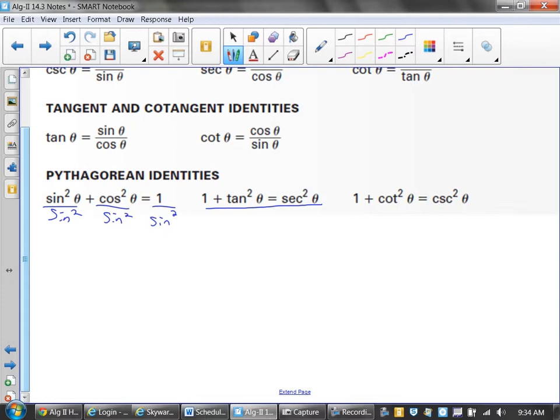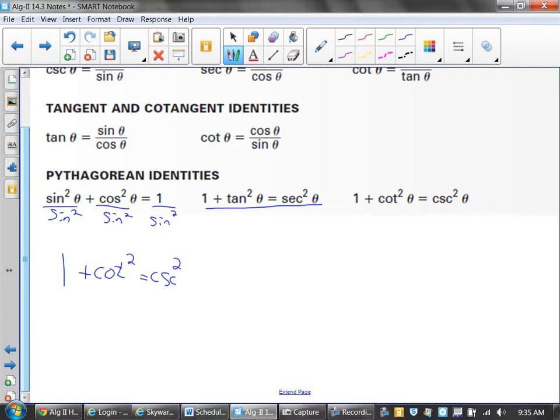Yes. What's sine squared divided by sine squared? 1. Dividing something by itself is always 1, no matter what it is. Cosine over sine is cotangent, so it's cotangent squared. And what's 1 over sine squared? Cosecant squared.